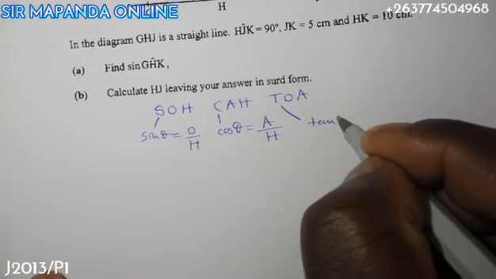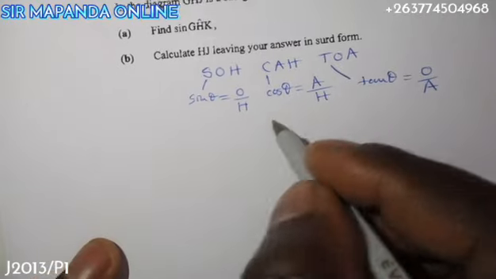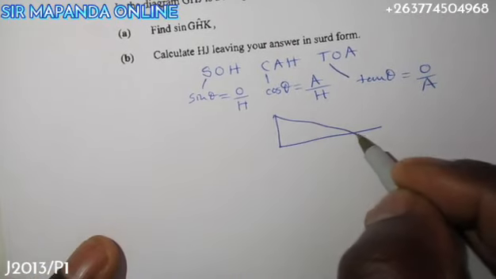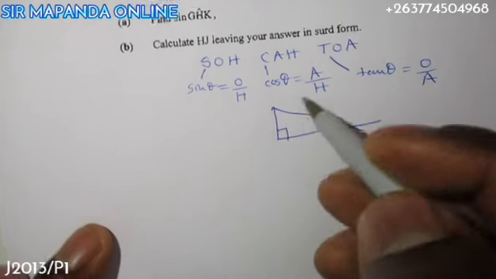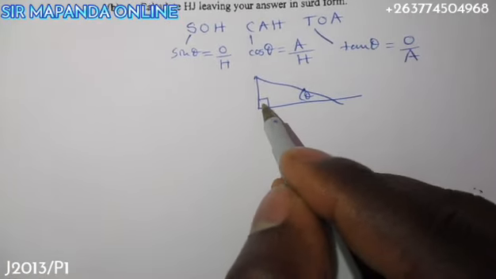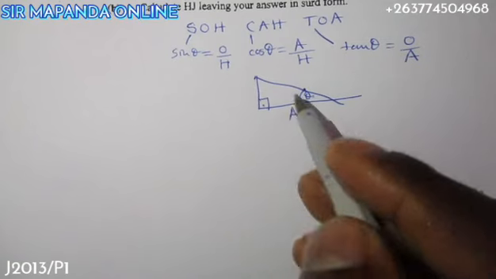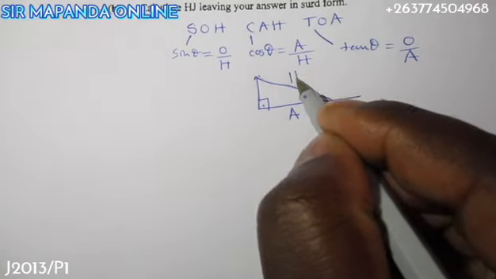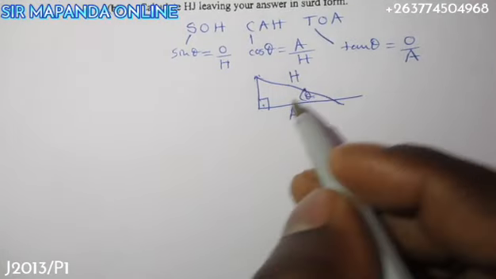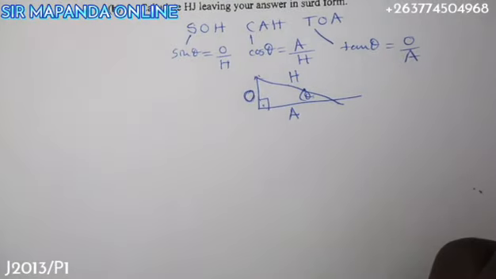Tan theta is equal to opposite over adjacent. So if you have your diagram like this, where this is theta and this is 90 degrees, the side which contains both 90 and theta is known as the adjacent. Then the side which is opposite to 90 degrees, we refer to this side as the hypotenuse. And this is your opposite. I hope you are following.